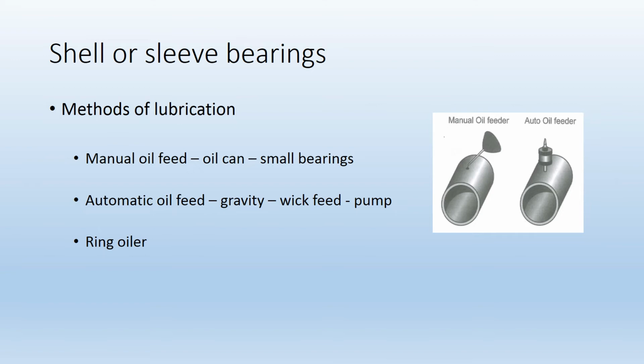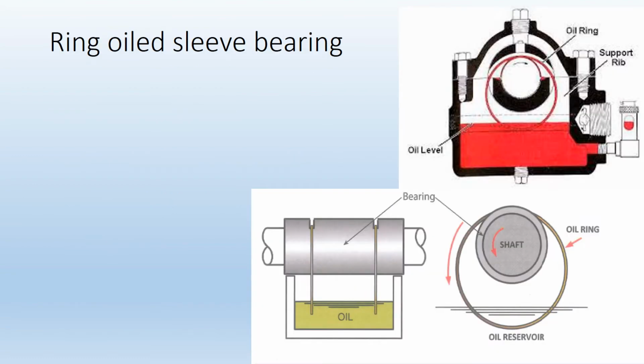You can also have an automatic oil feeder, and you'll see these in many different areas of the plant. In our shop downstairs, you'll see lubricators on the side of pumps and on different bearings. So again, you can see a reservoir, and that reservoir is kept with some level of oil inside it.